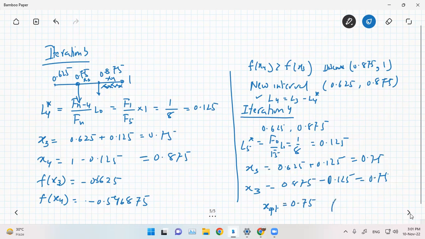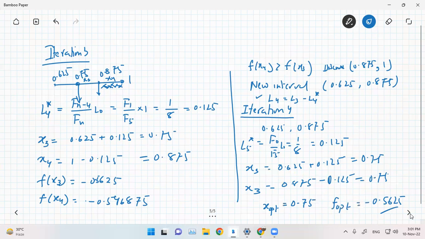So your f optimum will be minus 0.5625. So this is your Fibonacci method.